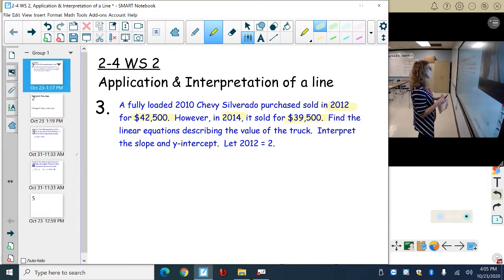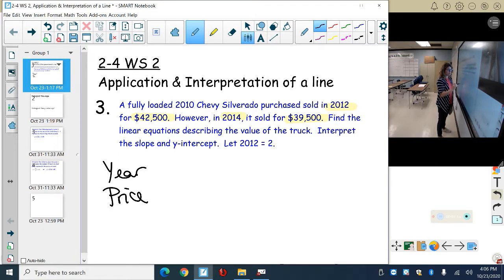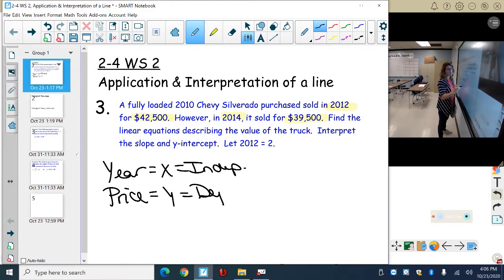So we're comparing and contrasting our year with our price. Our year is our time. Time can never be controlled, so that is going to be our x, which is our independent variable. And then our price is our y value, and that is going to be dependent upon when I sold it.